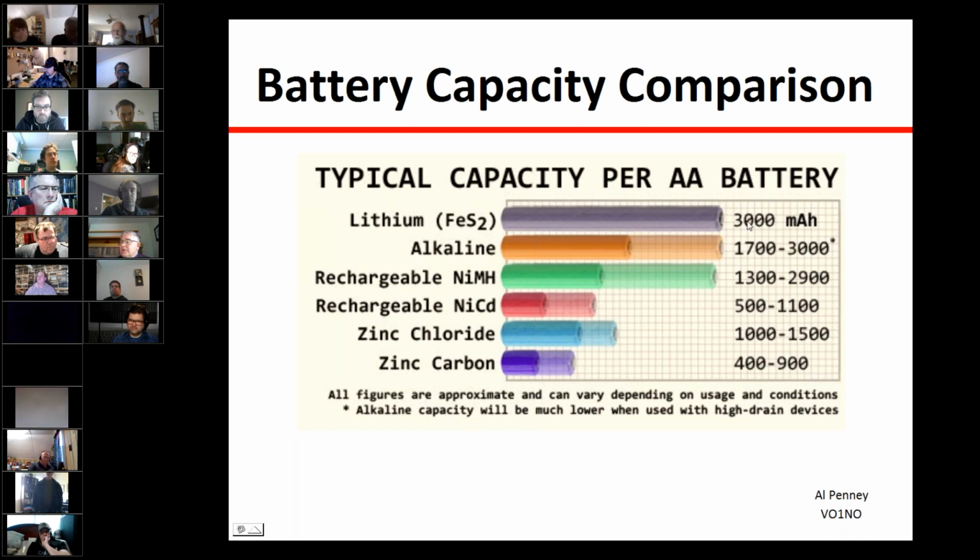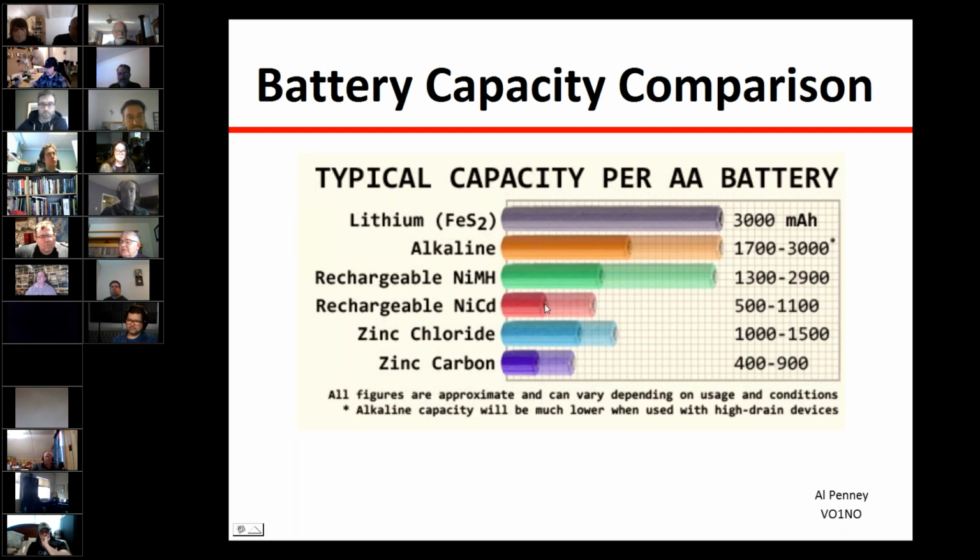So lithium, 3,000 milliamp hours. An alkaline, between 1,700 and 3,000 milliamp hours, depending on the exact type of alkaline that's used. A rechargeable nickel metal hydride, between 1,300 and 2,900, depending on the exact brand and the use.